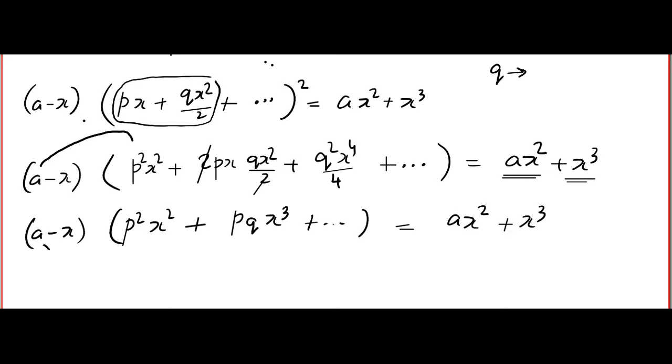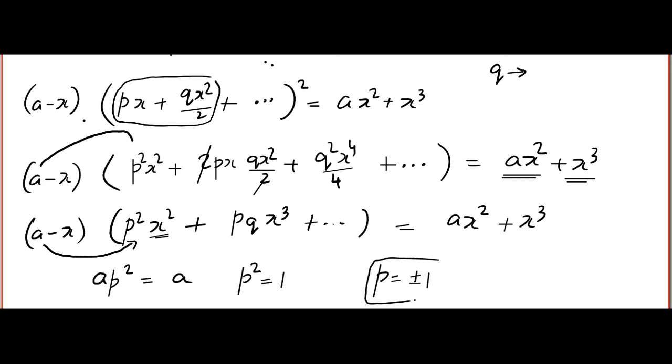So you can see that if you multiply this and this, x squared will be formed, and that gives me p square is equal to a, because here x square coefficient is a. So that gives p square is equal to 1, p is equal to plus or minus 1. So the derivative at the origin is plus or minus 1.